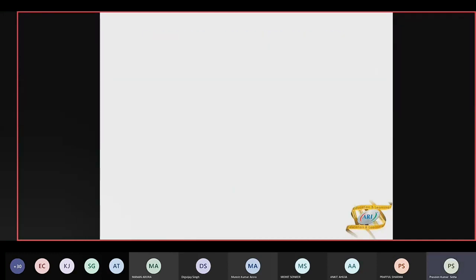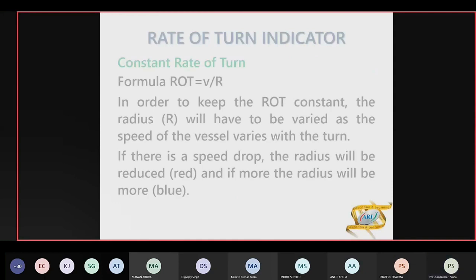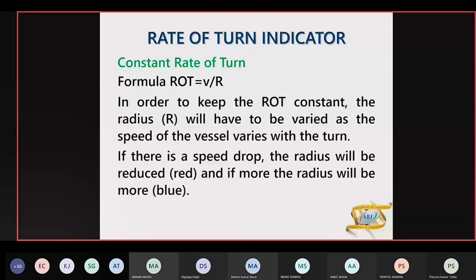I think this is for r tan theta by 2. Turning with constant ROT. This red and blue will come in the next.